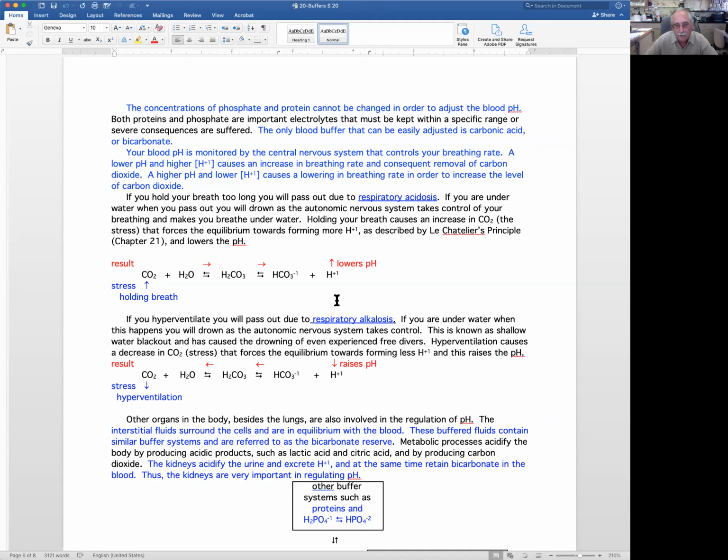So your blood pH is monitored by the central nervous system, and that controls your breathing rate. A lower pH, that means a higher hydrogen ion concentration, is going to cause an increase in the breathing rate. And a higher pH or lower hydrogen ion is going to cause a lowering in the breathing rate.